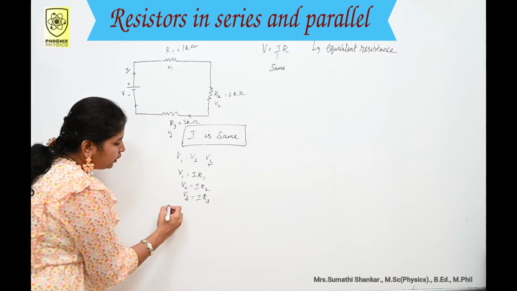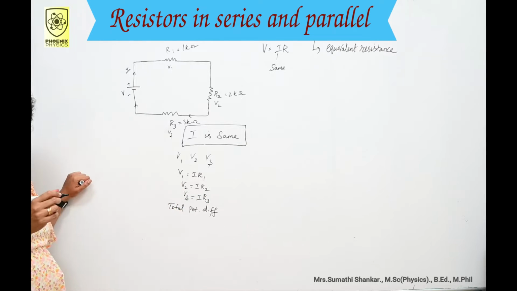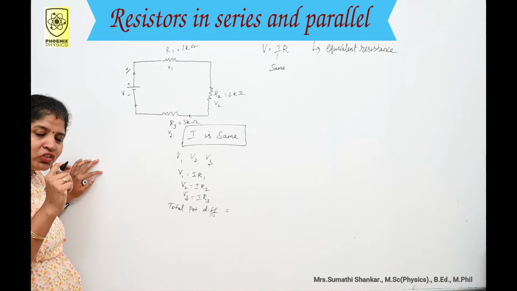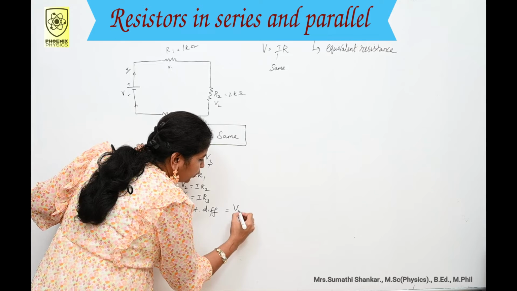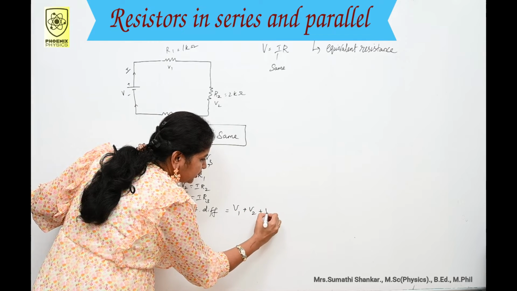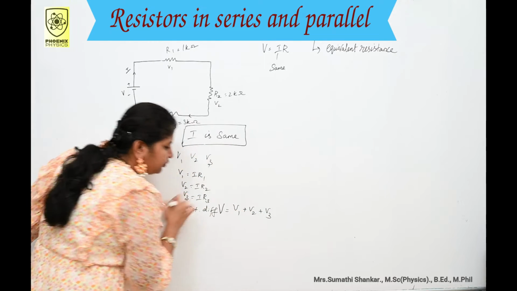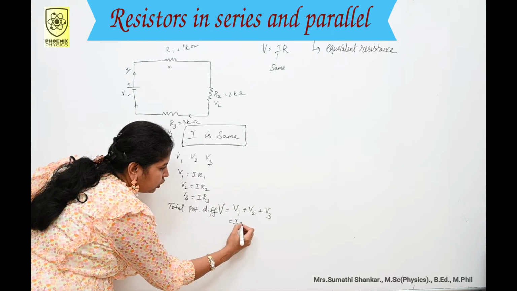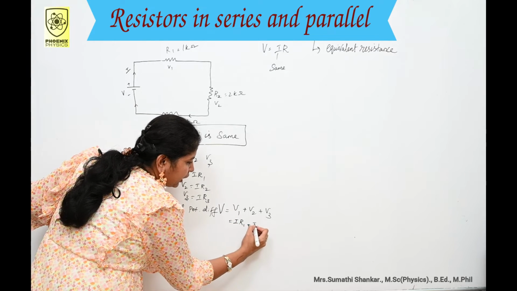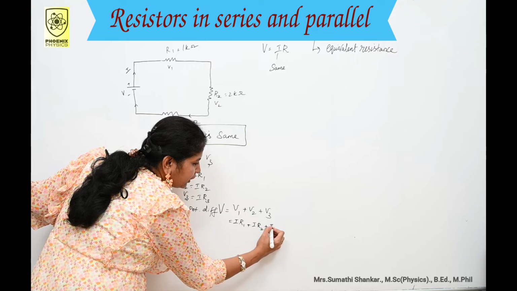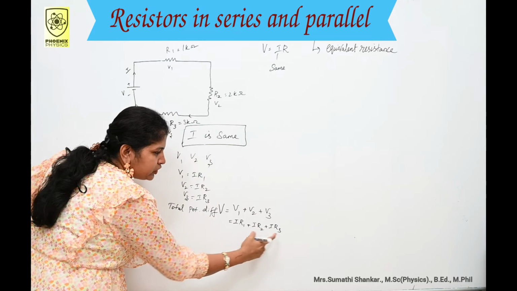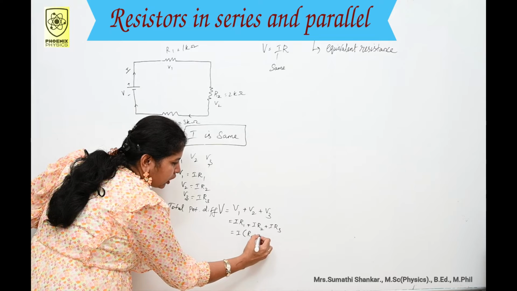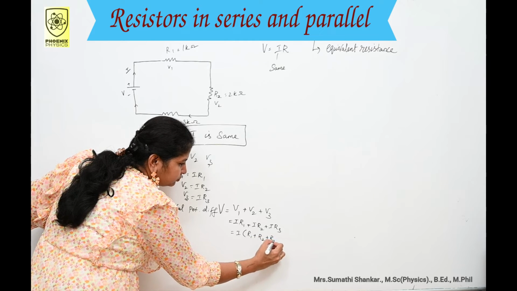So the total potential difference is equal to the sum of potential difference across each resistor. That is V1 plus V2 plus V3 is equal to capital V. What is V1? IR1. Substitute the value. IR1 plus IR2 plus IR3. I is same, so take it outside. I into R1 plus R2 plus R3.